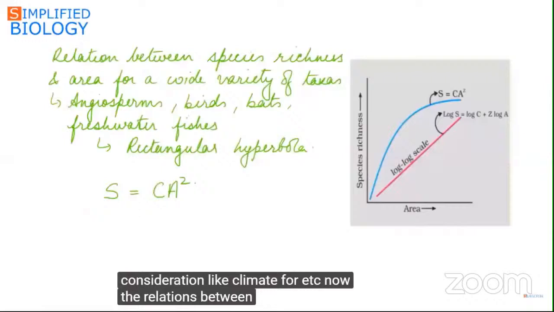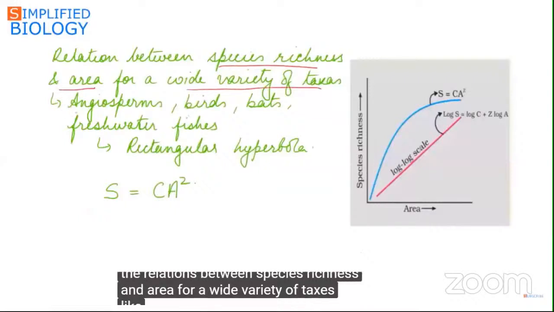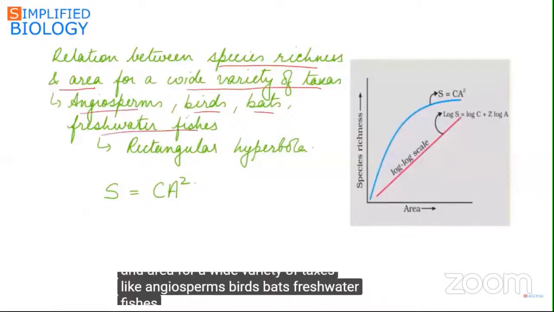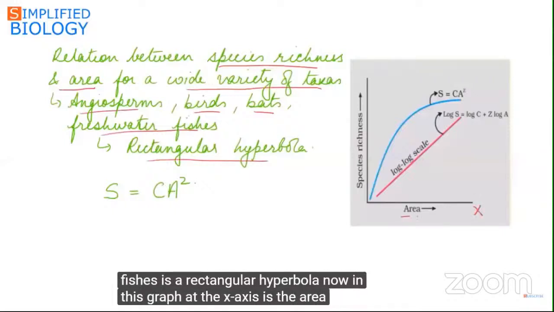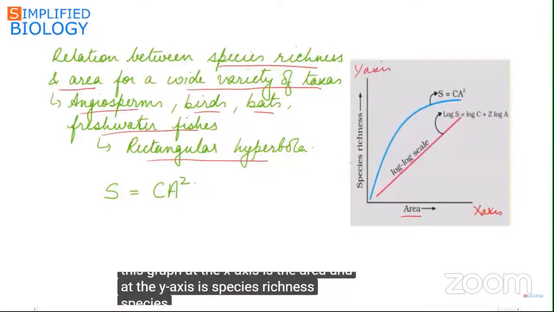Now the relation between species richness and area for a wide variety of taxa like angiosperms, birds, bats, freshwater fishes is a rectangular hyperbola. Now in this graph, at the x-axis is the area and at the y-axis is species richness.